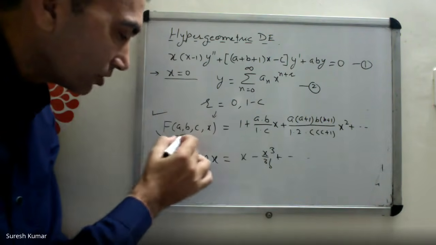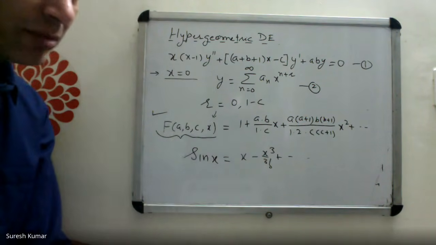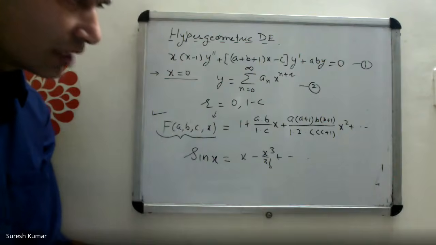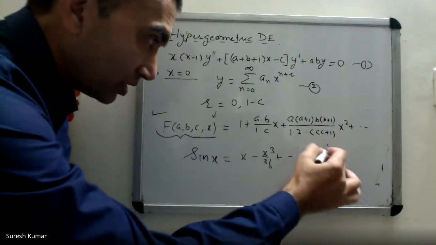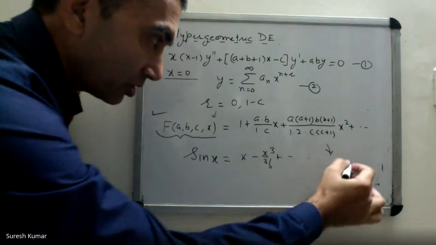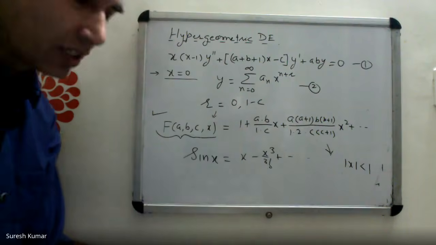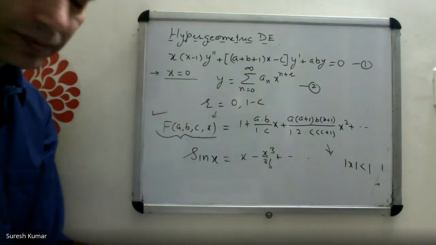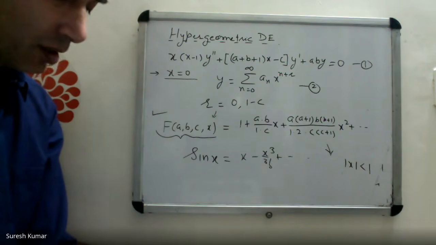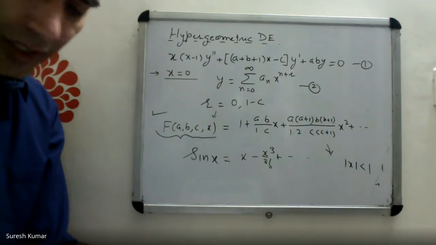Let's denote that function by F(a, b, c, x), and we call it the hypergeometric function. Also, you can easily find that this series converges for mod x less than 1. You can apply the ratio test and check it. Up to this, it is fine.